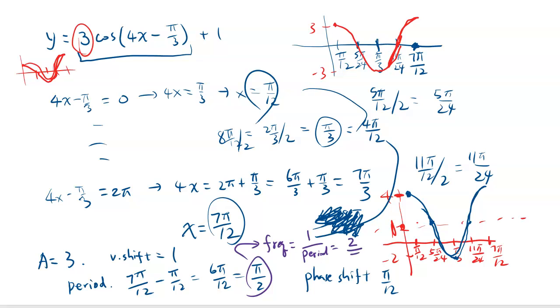This is 2 over pi in that case. So not only do you have to know how to draw the graph like this using the basic form of the graphs, but you have to also know the meaning of these numbers. Okay, so 3, 1, pi over 2, 2 over pi, pi over 12: these are amplitude, vertical shift, period, frequency, and phase shift. You have to be able to figure that out.